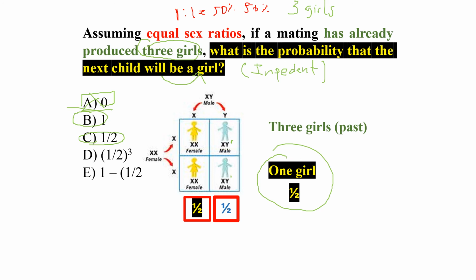So that would be the only reason. This one would be if it was 3 times the option of not having a girl, and here is not true, and here this doesn't make sense. Maybe if it doesn't have this, it will be correct. So again, remember that they are independent events, and as they are independent, in this case, it will be only half.